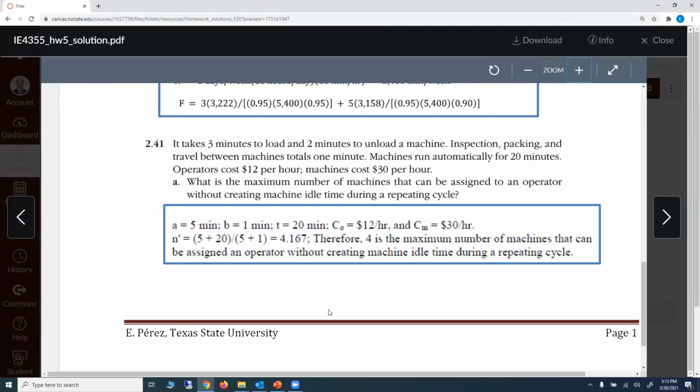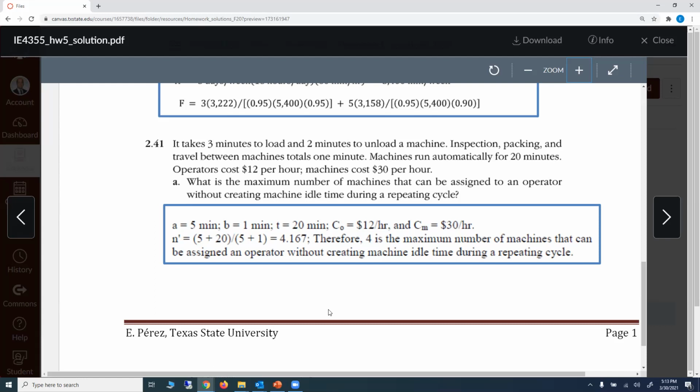So you're familiar with the problem. The question is, what is the maximum number of machines that can be assigned to an operator without creating machine idle time during a repeating cycle? As you mentioned, the result for n prime will be 4.16. So now you have to make a decision on whether you assign 4 or 5.